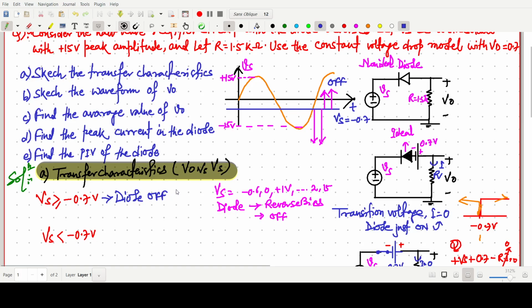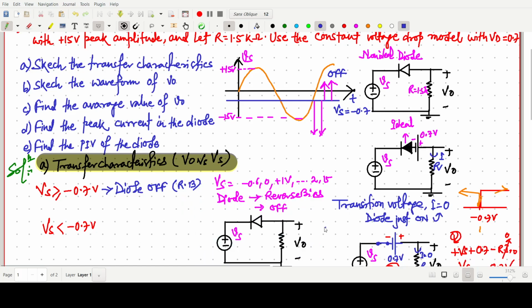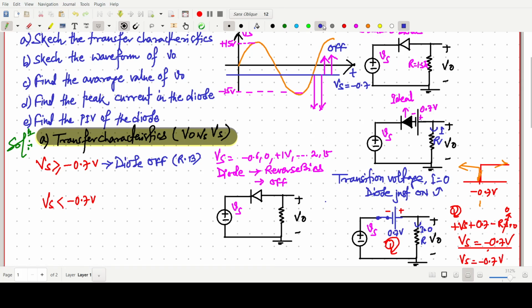So the diode is off, or simply I am writing reverse bias as RB. So this is one case. When the diode is in reverse bias, it will be open circuited. So if we make the circuit for this, the diode will be reverse bias.